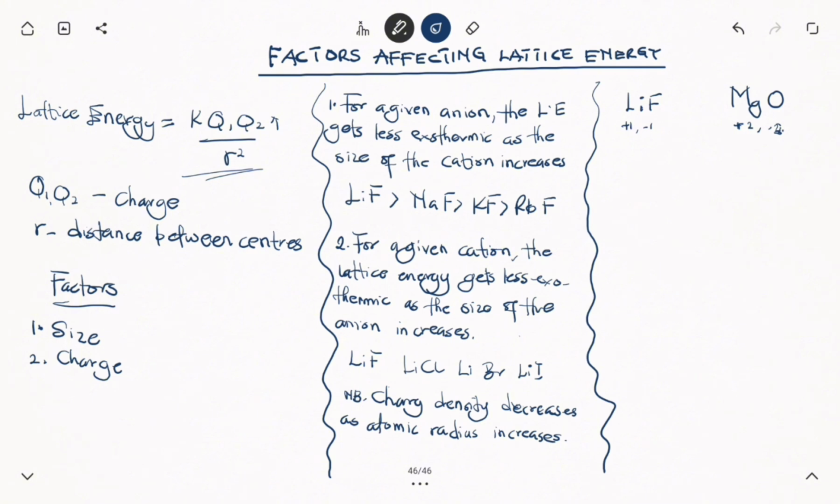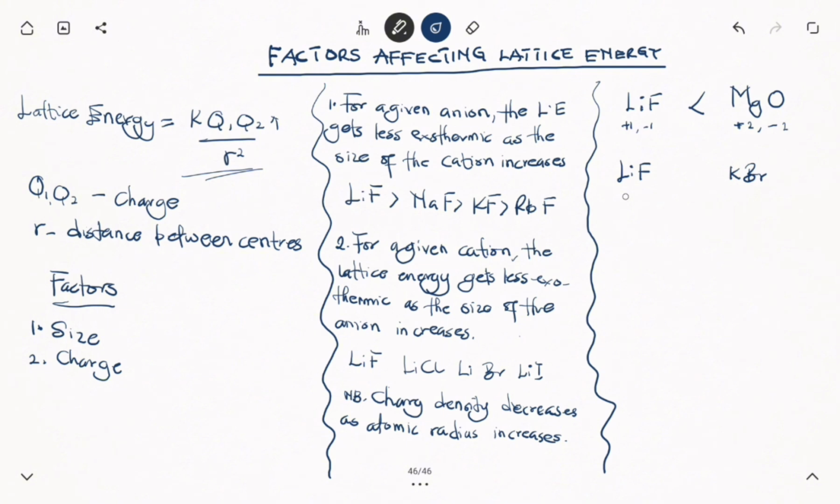So we'll say that magnesium oxide is more exothermic compared to lithium fluoride. Is that okay?